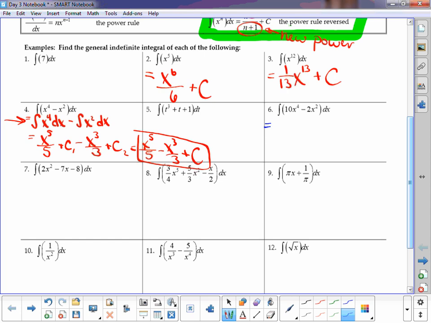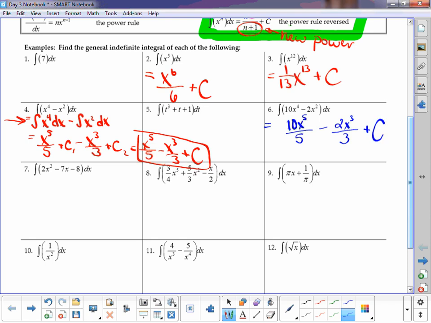That 10 is just a coefficient that gets to hang out with it. So I have 10x to the, my new power is 5, and I have to divide by my new power of 5. Alright, then I have minus 2x, my new power is 3, divided by that new power of 3, plus c.